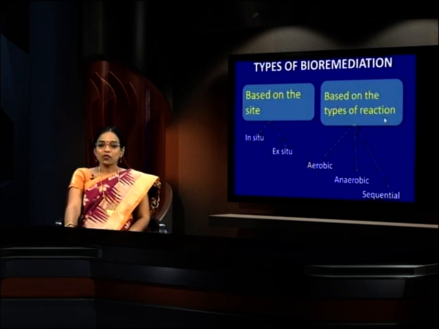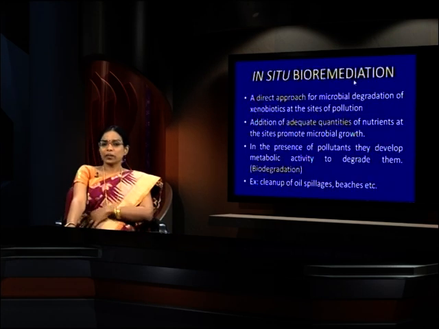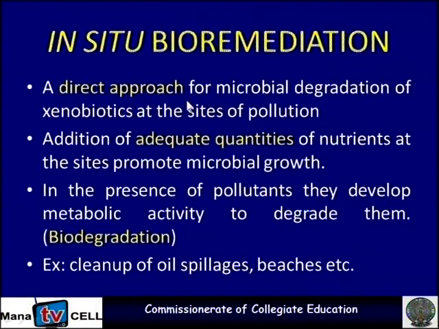Based on the types of reactions, whether utilizing oxygen or not, we categorize into aerobic, anaerobic and sequential. If you see the in situ bioremediation, which is categorized based on the site, it is a direct approach for microbial degradation of xenobiotics at the sites of pollution, with addition of adequate quantities of nutrients at the sites.